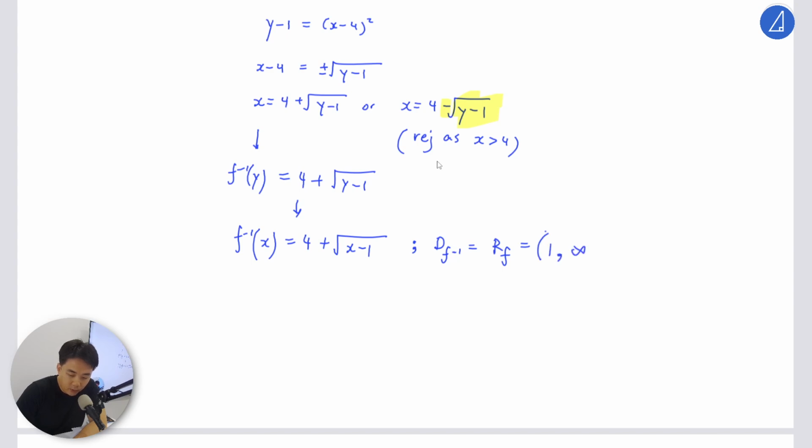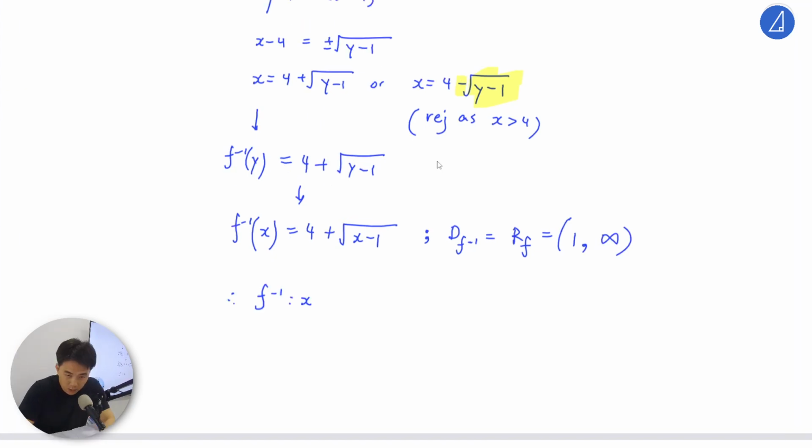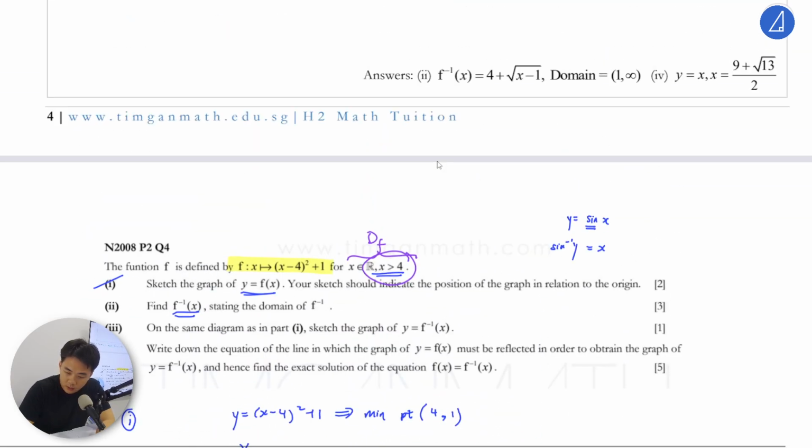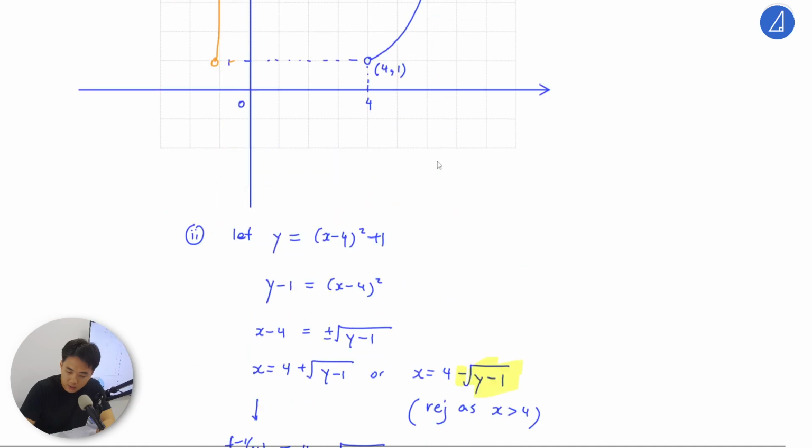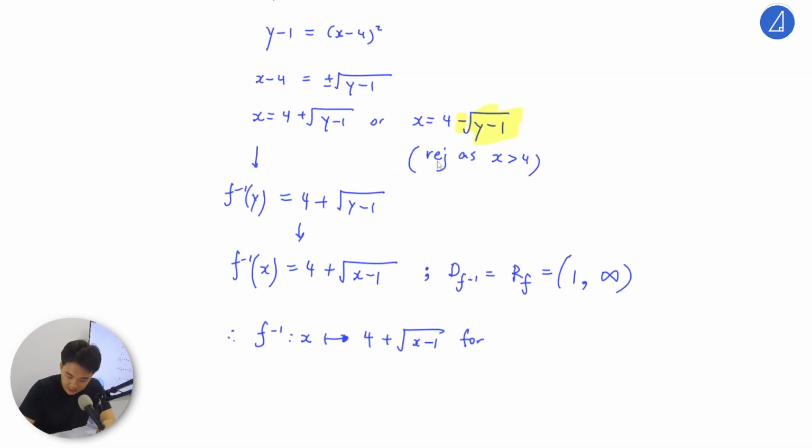Usually I just give back the form that they gave me, following exactly this way of writing. So f inverse for x real value, x bigger than 1.